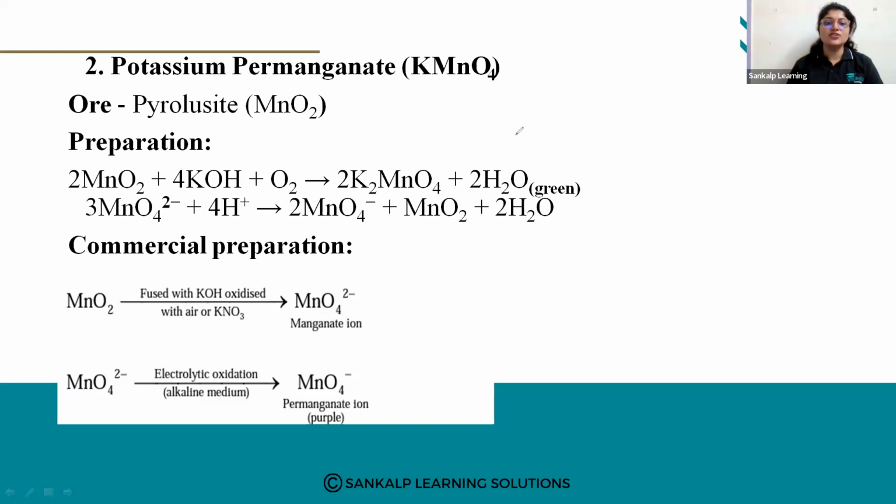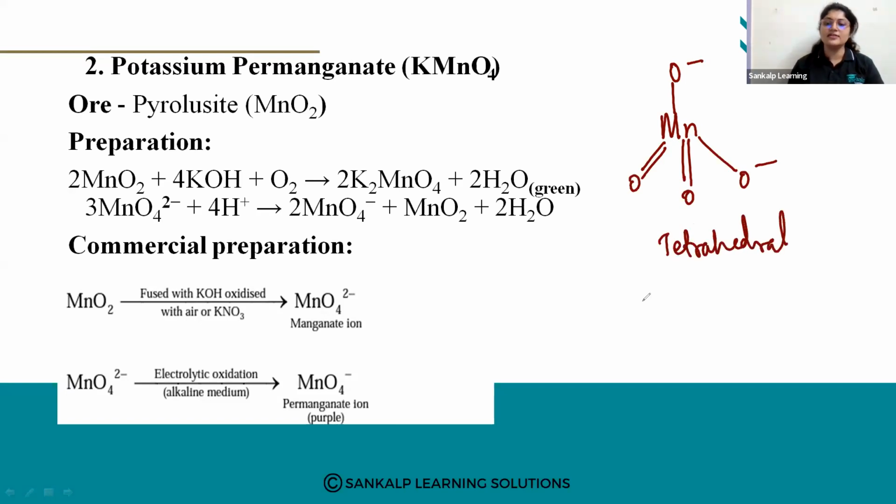So what is the structure of potassium permanganate? First we'll see the manganate structure, MnO4 2-, with double bonded oxygens. This is a tetrahedral structure, and this is the manganate ion, which is green in color, from the first reaction.